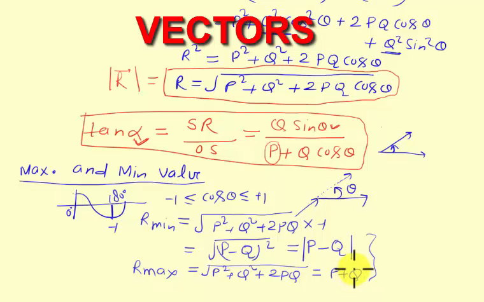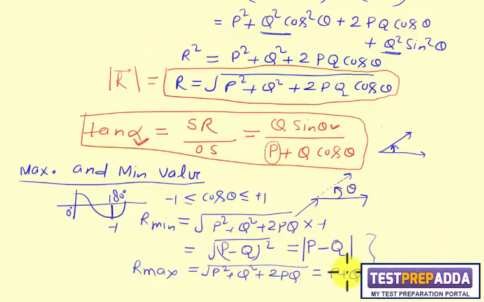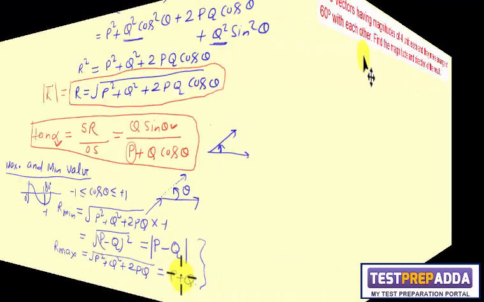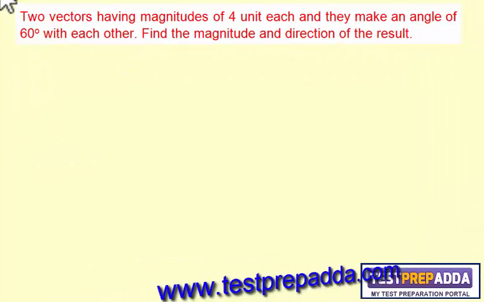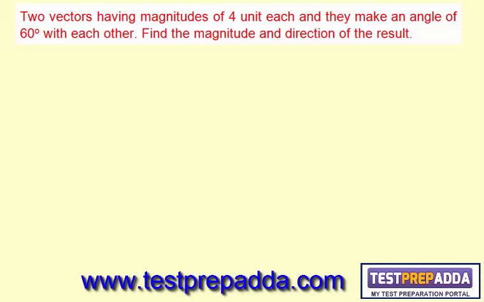Dear students, now I will discuss few questions to understand this concept. The question says, two vectors having magnitudes of 4 unit each and they make an angle of 60 degree with each other.